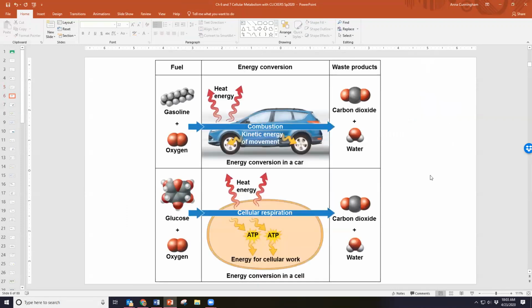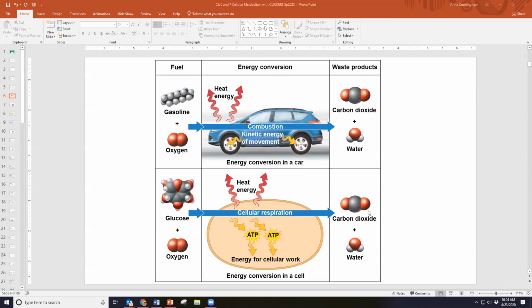All right. So this is looking at those transformative processes, and I actually love this slide because the bottom panel is looking at cellular respiration, one of the core metabolic processes in a cell that gives us energy, and comparing it to a car converting gas into movement.